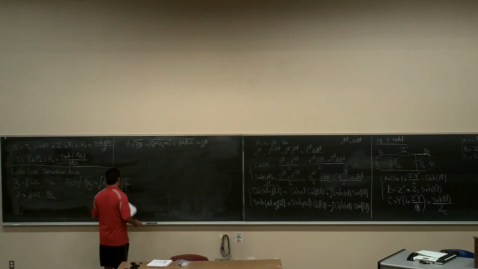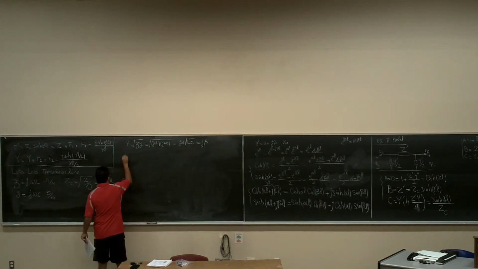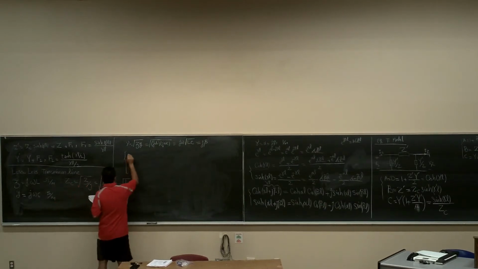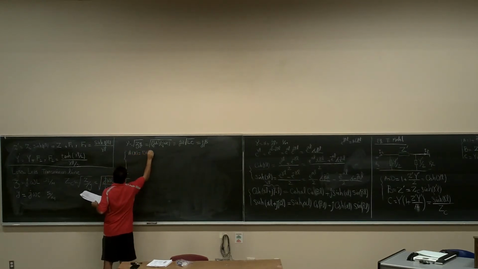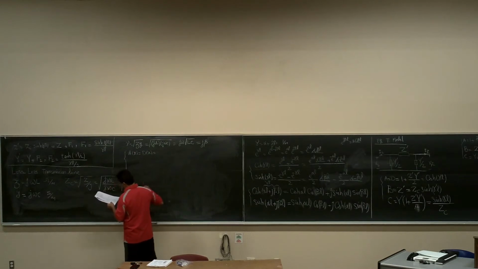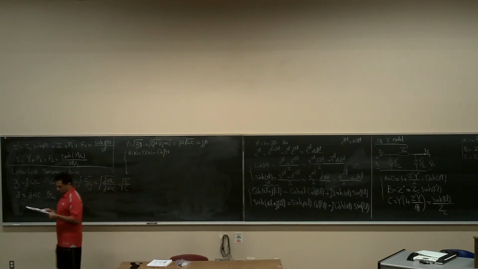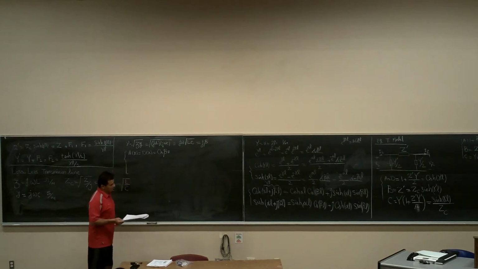If you calculate that one, this is going to be equal to cosine beta x. See how much easier it is than the full transmission line.